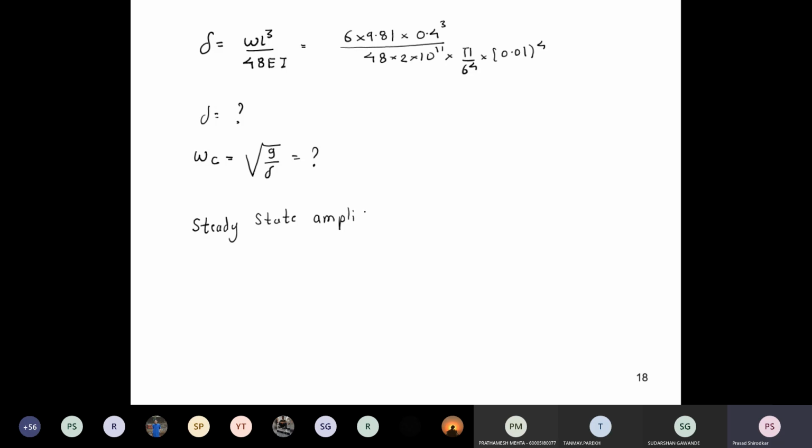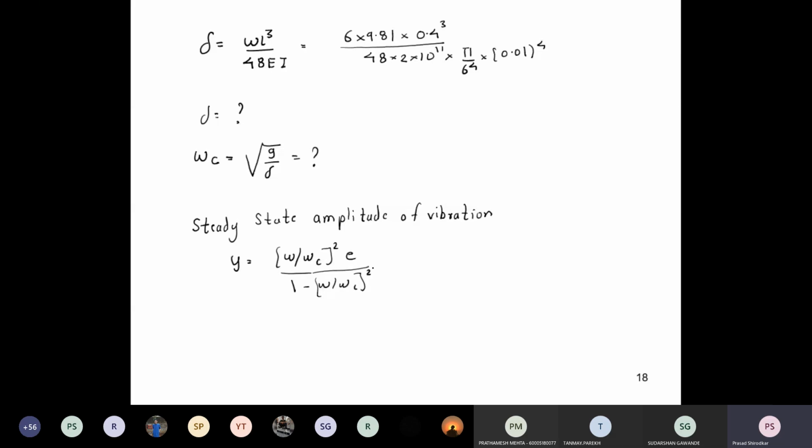That comes out to be Y is equal to (omega by omega C) whole square times e, divided by 1 minus (omega by omega C) whole square.